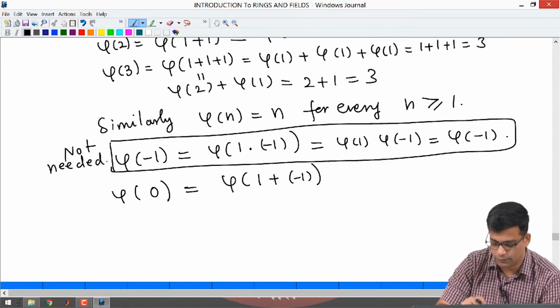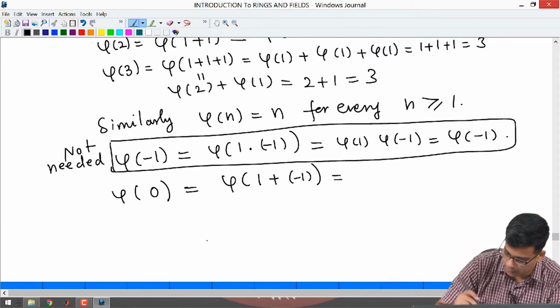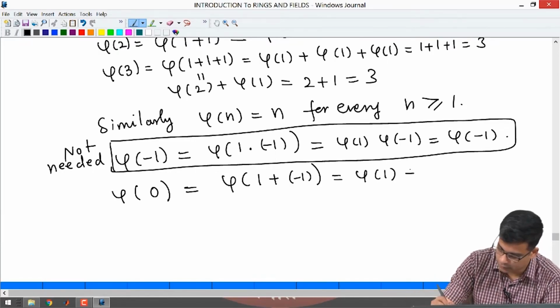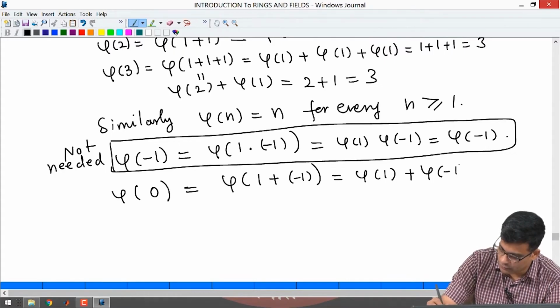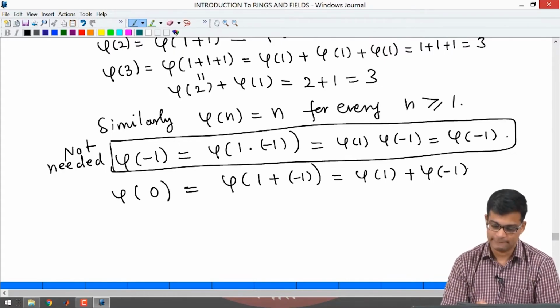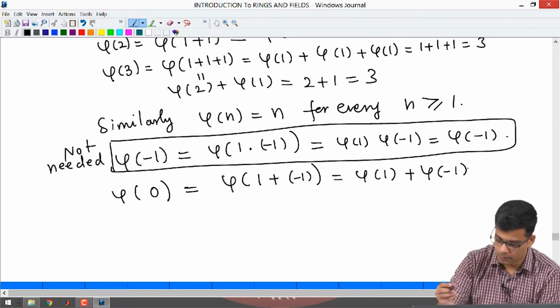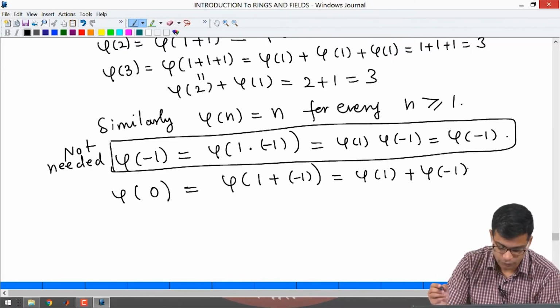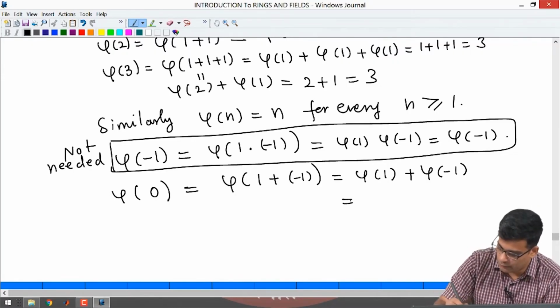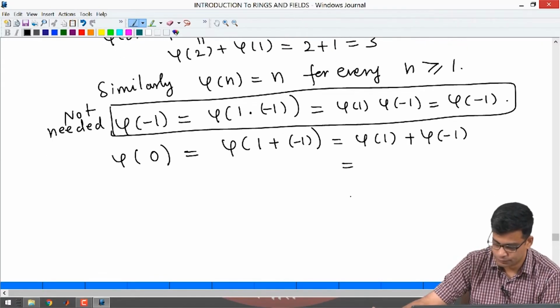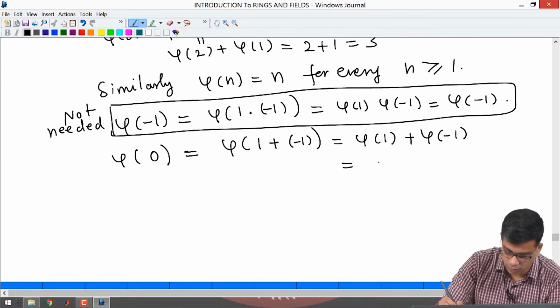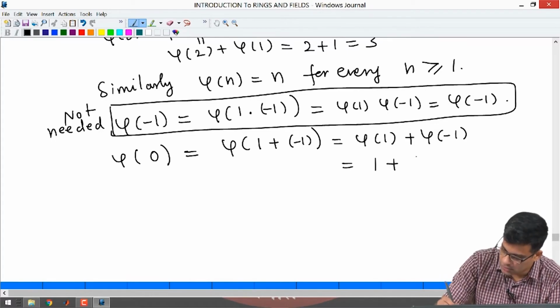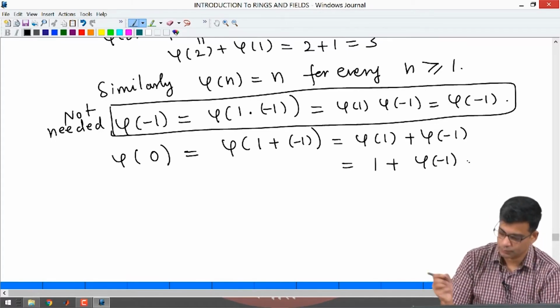I made a mistake earlier, this is not needed. So, phi of 0 is phi of 1 plus minus 1, but again by the property of ring homomorphism, this is the same as phi of 1 plus phi of minus 1. And phi of 1 is 1. So, this is 1 plus phi of minus 1.